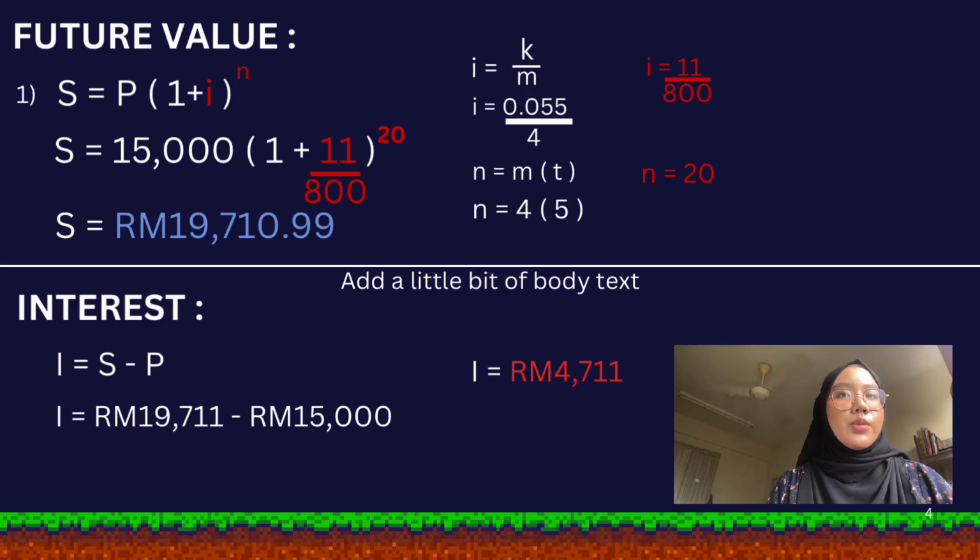So, write down all the numbers into the formula, and I got the answer for S is 19,711 ringgit. After we find the S, we can find the interest next. The interest we can find through the formula I equal to S minus P. For the S, we got from the answer before, which is 19,711, and for the P, we got it from the question, which is 15,000.